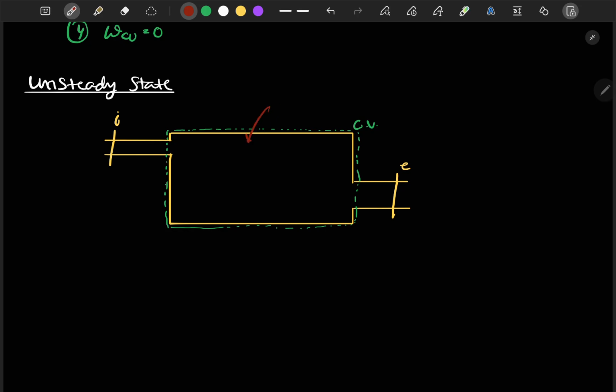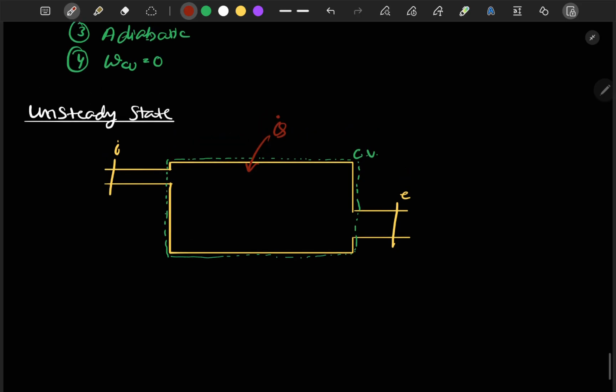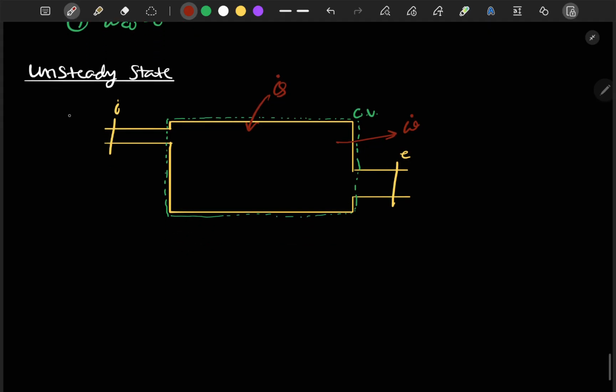There is a certain heat transfer rate Q dot, and a certain work output rate, that is W dot. Let's say the mass flow rate at entry is mi dot, and enthalpy at entry is Hi.